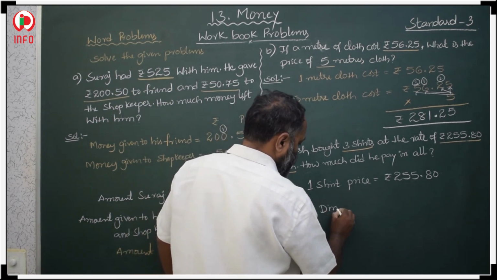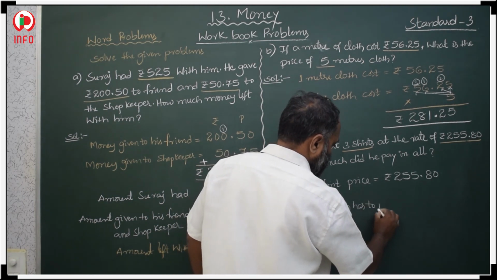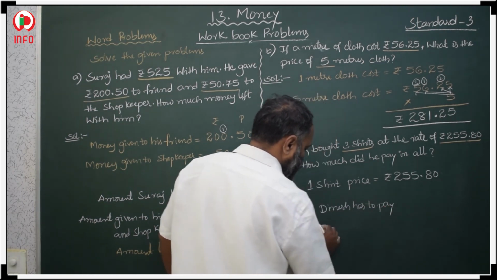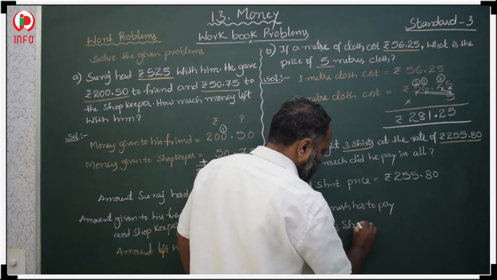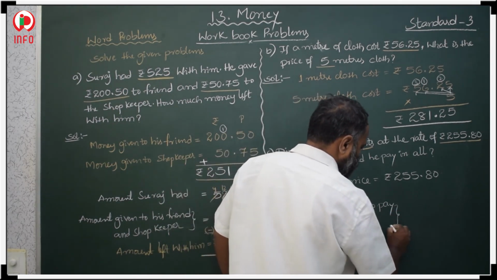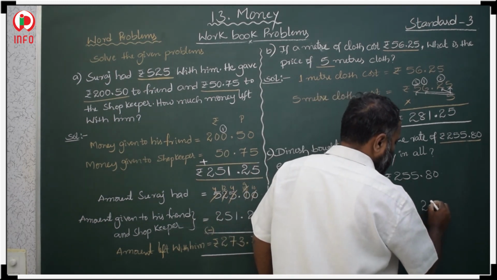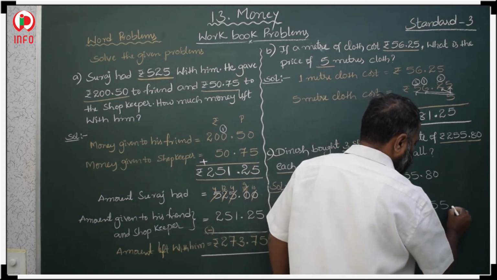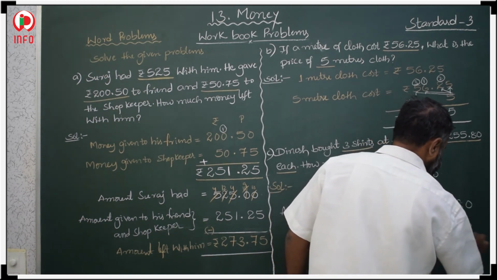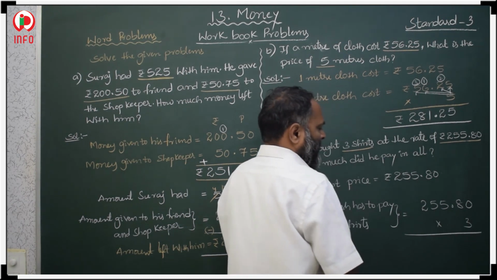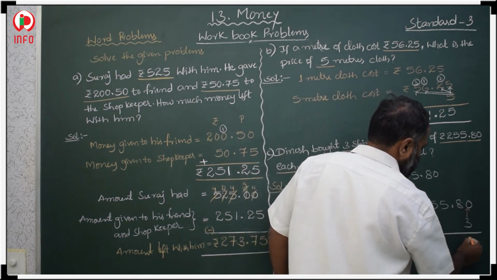Then the amount Dinesh has to pay for 3 shirts is equal to 255 rupees 80 paisa multiplied by 3. Now first, the extreme right digit, that is 3 with 0, 3 zeros are 0.